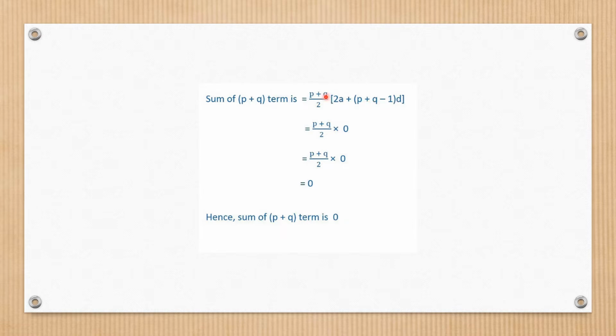Okay, in place of n we will replace it by p plus q. And this value we have calculated in equation number 1 and it is coming out as 0. So it becomes (p plus q) by 2 into 0. That means it is equal to 0. So the sum of first p plus q terms is 0.